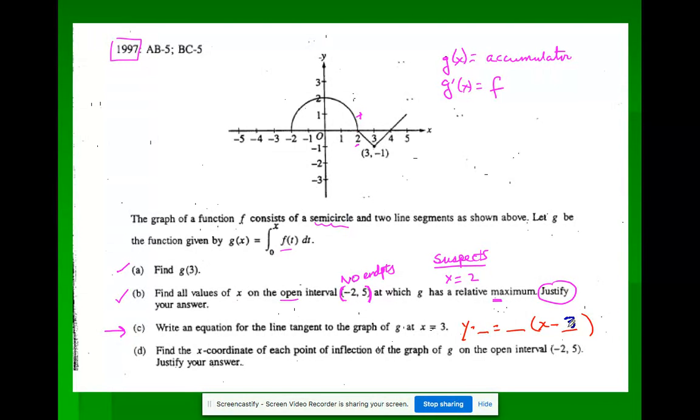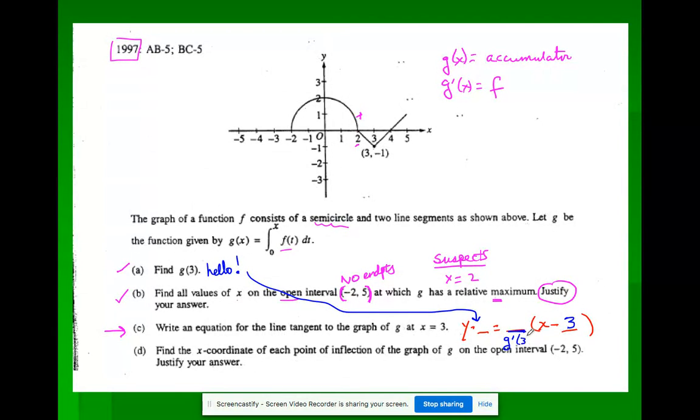Look at part A. Hello. That often happens. Your answer from part A is going to go here. But what's this? That's the slope, isn't it? Where do you get the slope? You need g prime at 3.